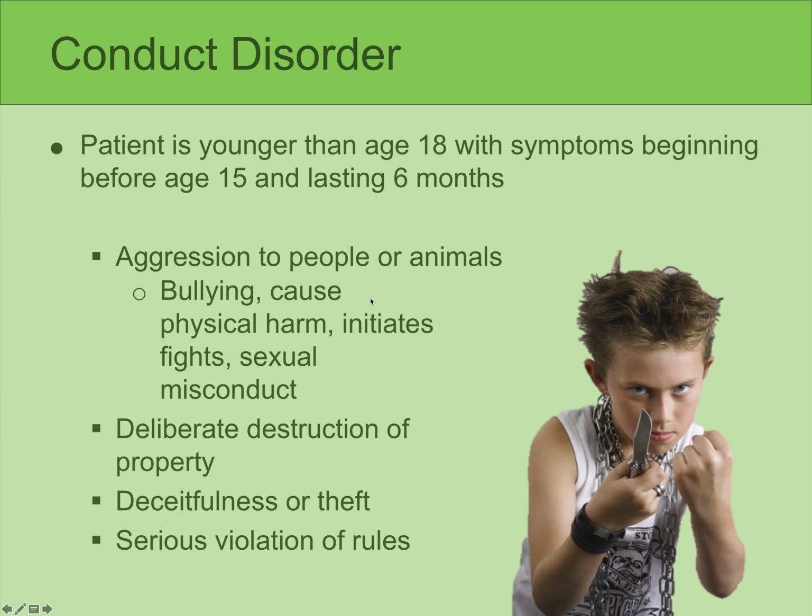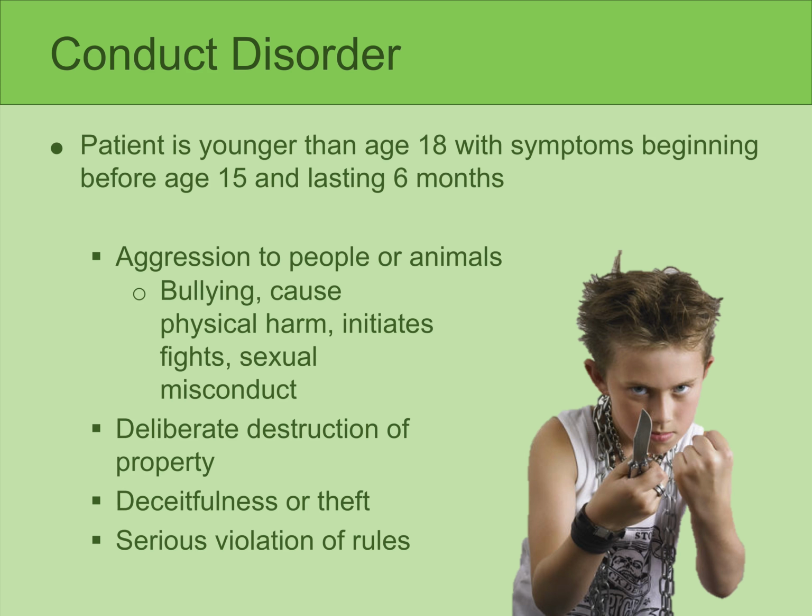So some related disorders, like I mentioned earlier, to have a diagnosis of a personality disorder, you have to be at least 18 years old. Well, we have a corresponding diagnosis almost with conduct disorder. To receive this diagnosis, you have to be under the age of 18, with symptoms beginning before the age of 15 and lasting at least 6 months.